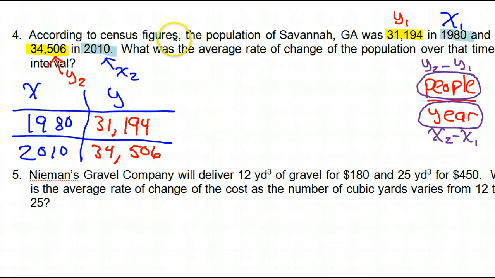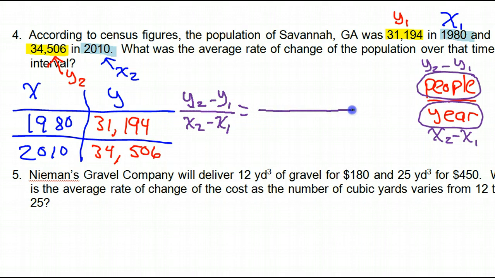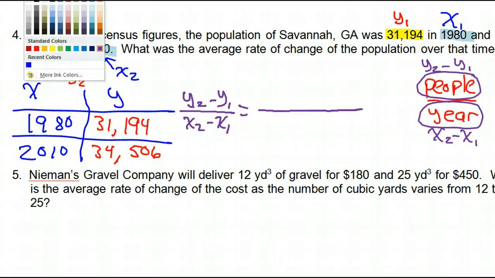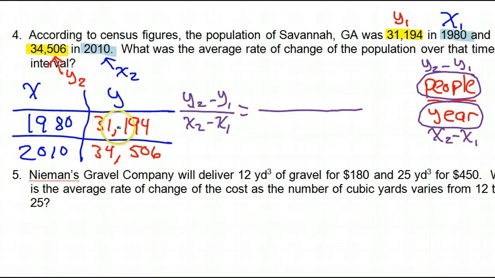Okay, so now it's time to set up that formula. Of course we're doing Y2 minus Y1 over X2 minus X1. That's what's happening. So first the Y value.